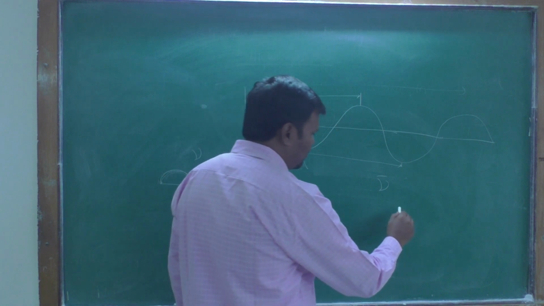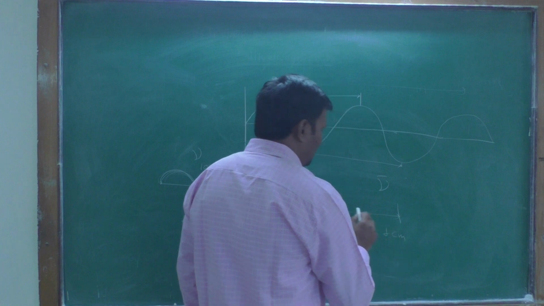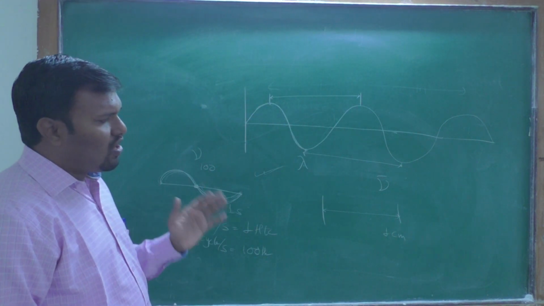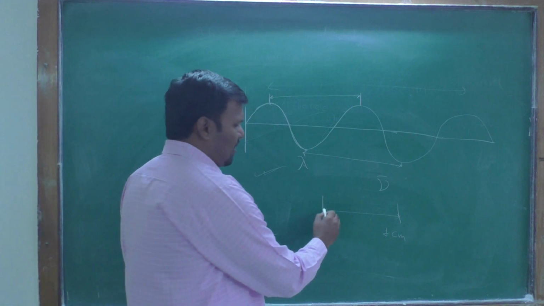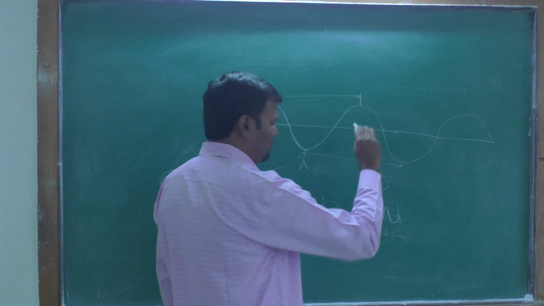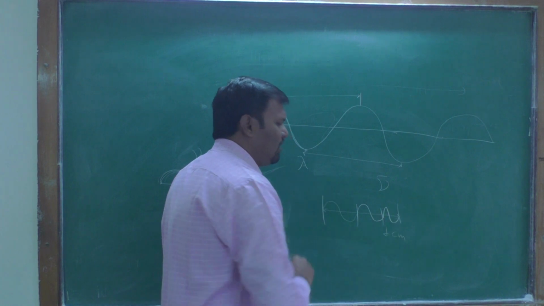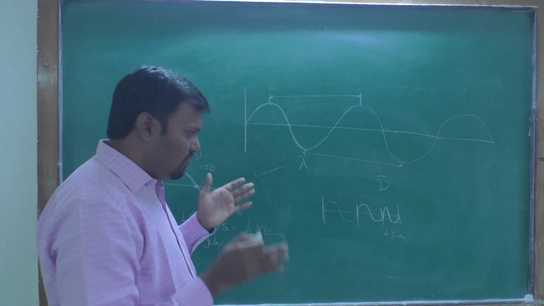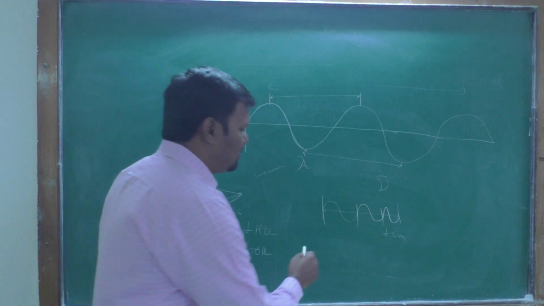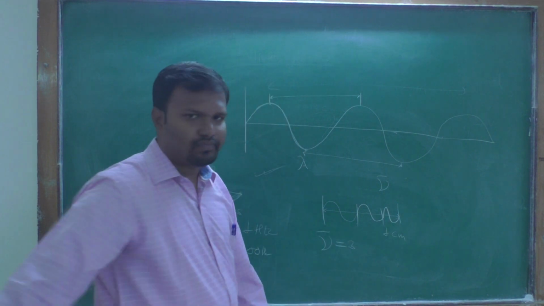Wave number is, if suppose a 1 centimeter distance is there, how many waves pass within that 1 centimeter. If the first, second and third full wavelengths pass within a distance of 1 centimeter, it means for this wavelength the wave number is equal to 3.